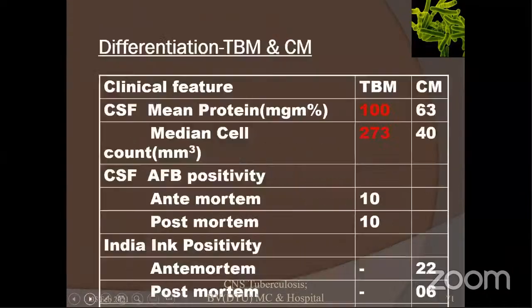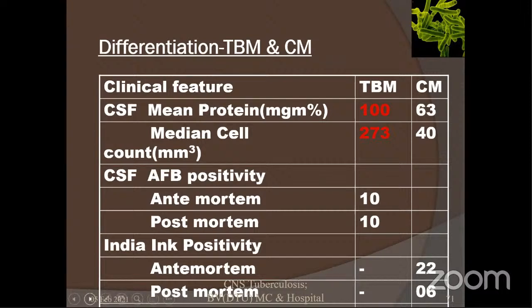I'll show you a couple of slides. The differentiating features, as we saw, are the protein and cells. Cells are always less in cryptococcal meningitis. You see, antemortem CSF, we have 10 cases of AFB positivity, and similarly we have cryptococcal and the India ink positivity also is seen in a large number of cases, about 22.